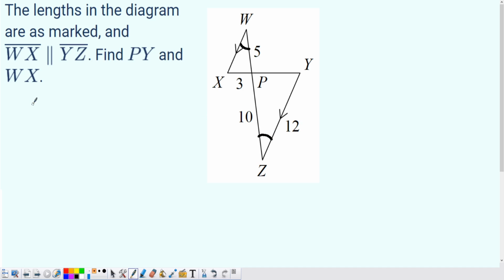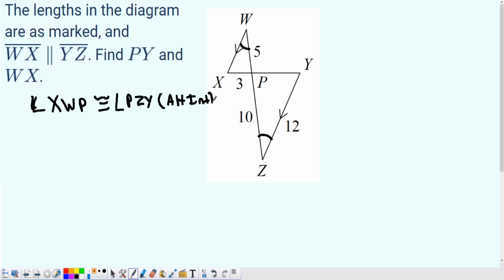If you are not sure why that is so, it is because they are both alternate interior angles. So I'm going to say XWP is congruent to the angle PZY. I'm just going to abbreviate alt interior.